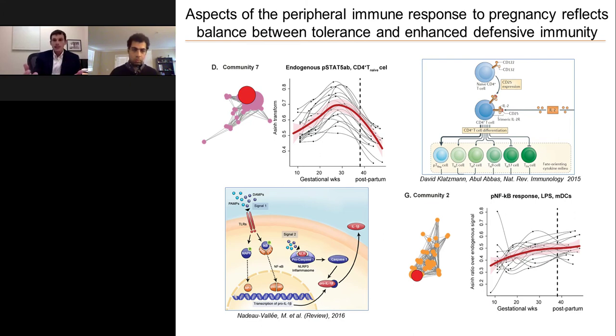Now, reassuringly, some of these features are very consistent with what is known of the immune response to pregnancy, and others are pointing in the direction of interesting hypotheses. So I want to show you now the most important or most predictive features of the model. And that's important because it will guide future studies and the development of new mass cytometry panels in ongoing and future studies.